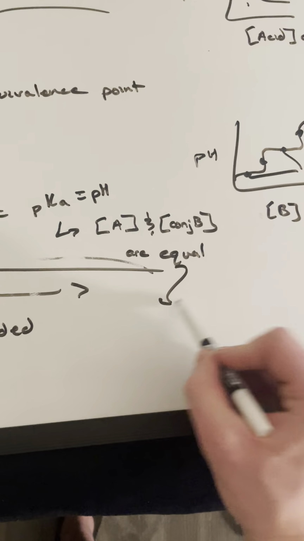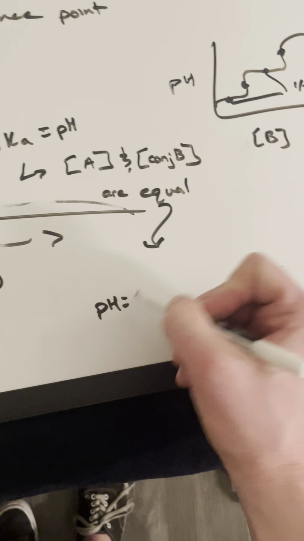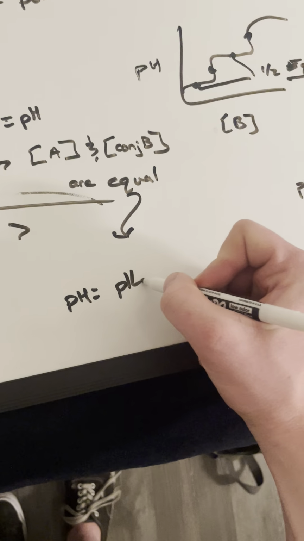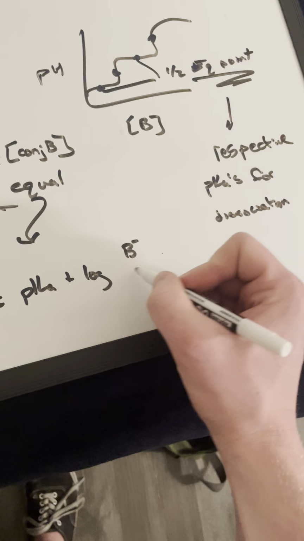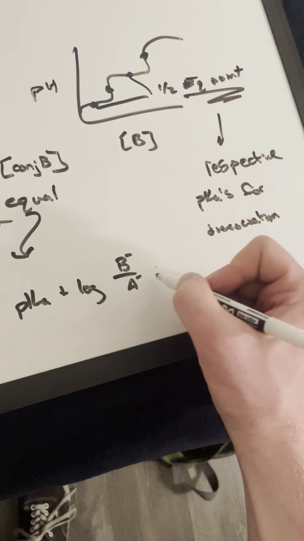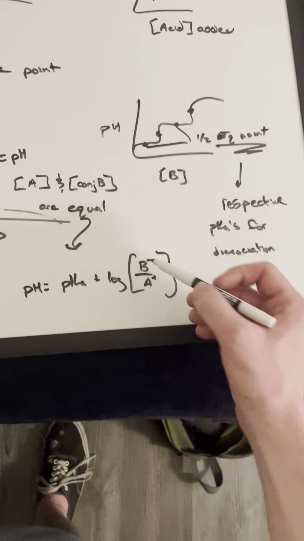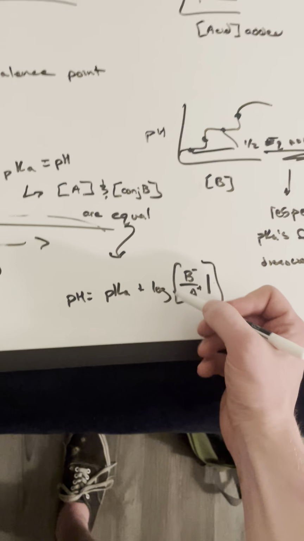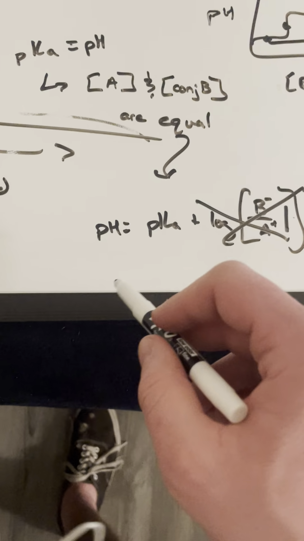And if we take this, plug it into Henderson-Hasselbalch, right, which was pH equals pKa plus the log of the base over the acid, then this will be 1, and log base 10 of 1 is going to equal 0. So pH is going to equal pKa at that point.